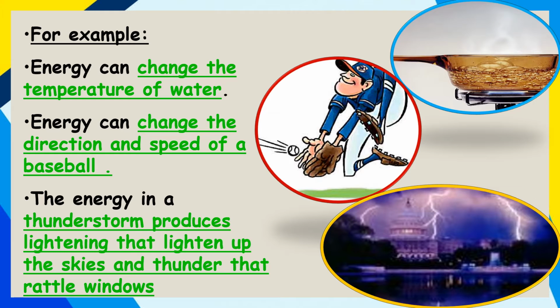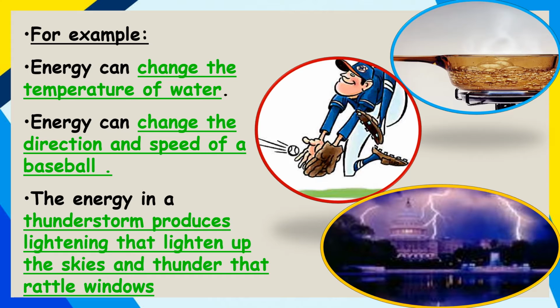The energy in the thunderstorm. Thunderstorm means जब बिजली कड़कती है, it produces lightning that lightens up the skies and thunder that rattles the windows. So you must have noticed जब बिजली बहुत तेज चमकती है या कड़कती है, that time there is a huge amount of sound also which can cause rattling of the windows. हमारे घर की खिड़कियां भी हिलती है वो आवाज से.